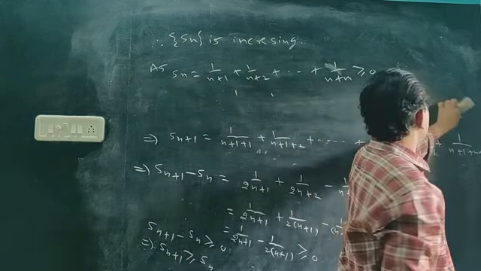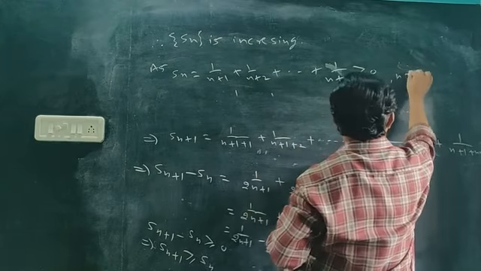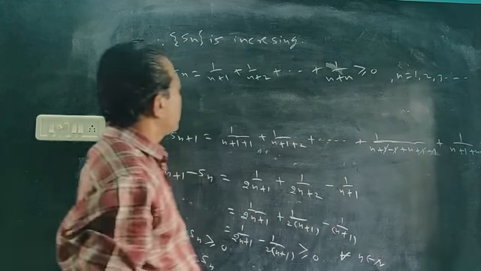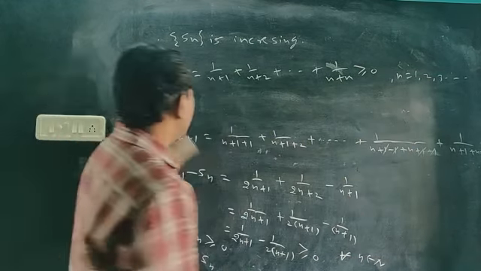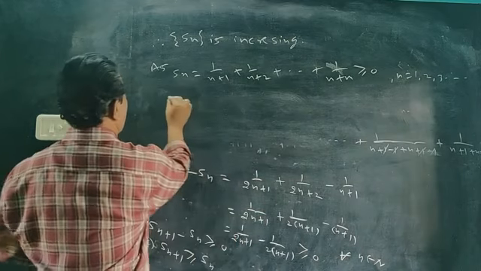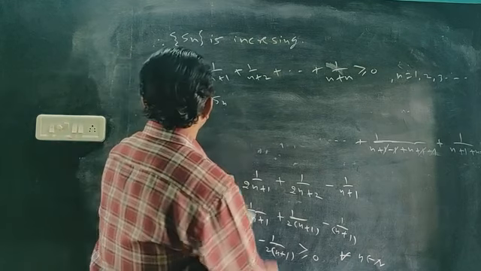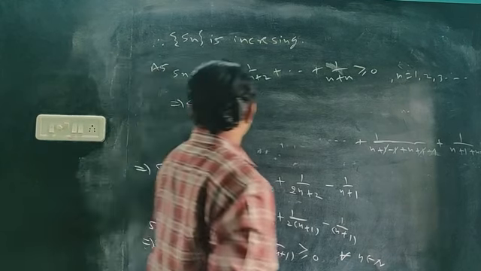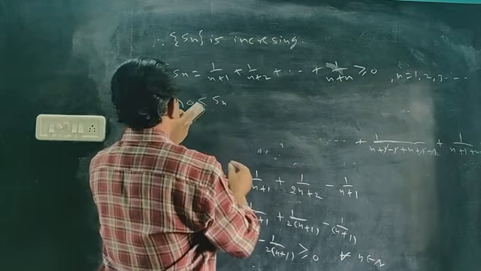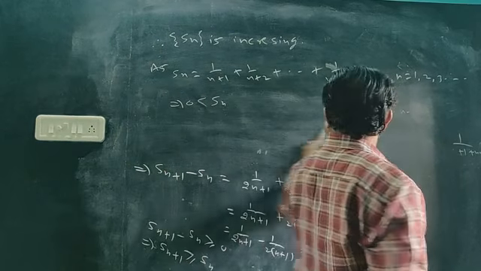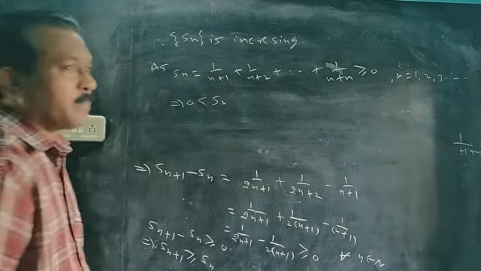If you put n equal to any natural number 1, 2, 3 or any value, this calculation will be positive, with no chance of negative. So Sn will be greater than 0, and also less than some term.